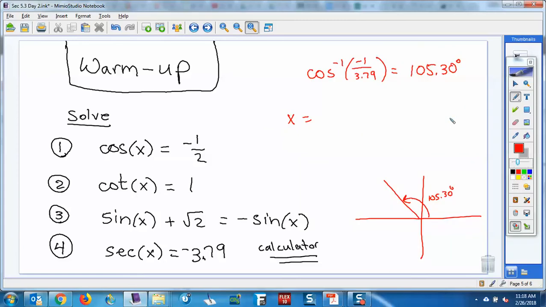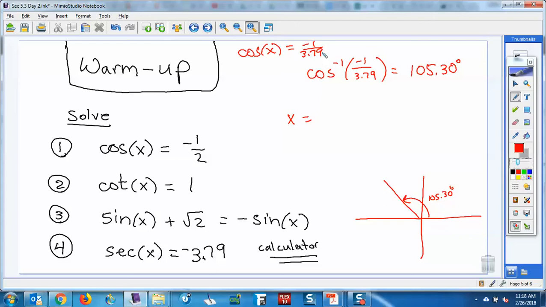Secant. So what we had said last time is if you have secant, the way to do it on your calculator is to do secant and cosine. So this is like saying cosine x is equal to -1 over 3.79. Okay, so to solve that on your calculator, we do inverse cosine of that. Do you guys agree with that? 105.30 degrees.